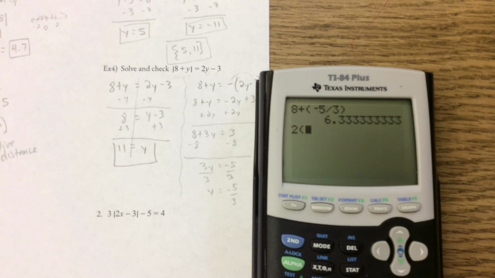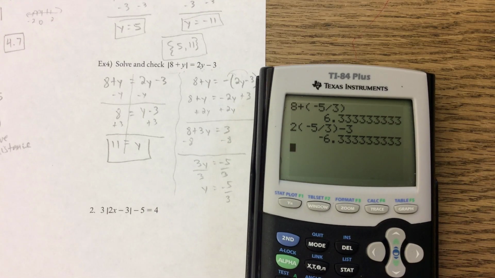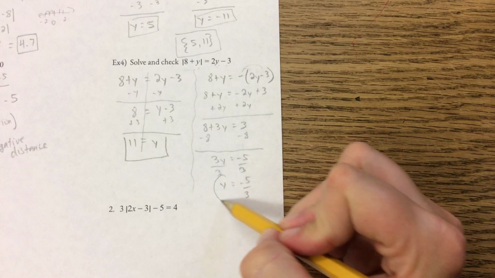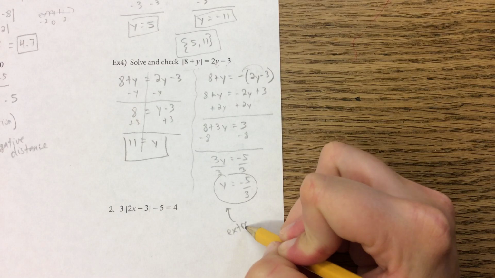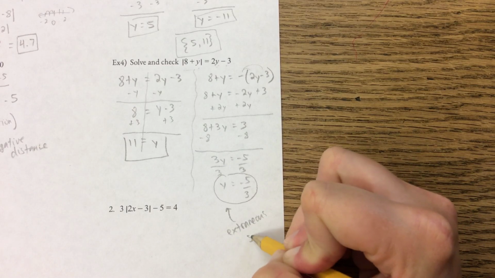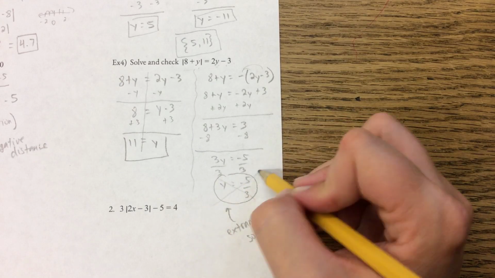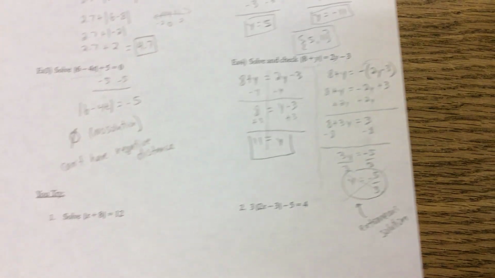And then on the other side, that gives me negative 6 1/3. Since I have one positive answer and one negative answer, those are not equal to each other. So this would be considered one of those extraneous solutions that we had as a vocab word. This is not actually a solution, so the only solution we really have is the 11.